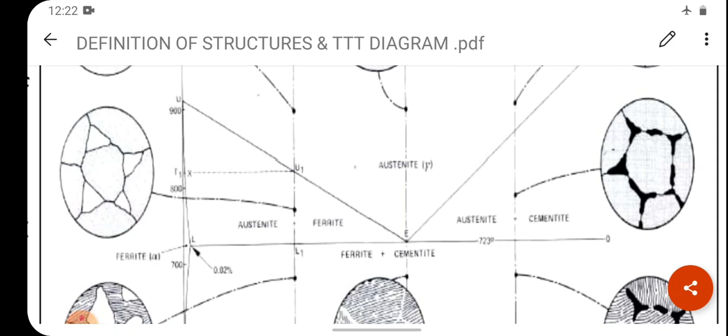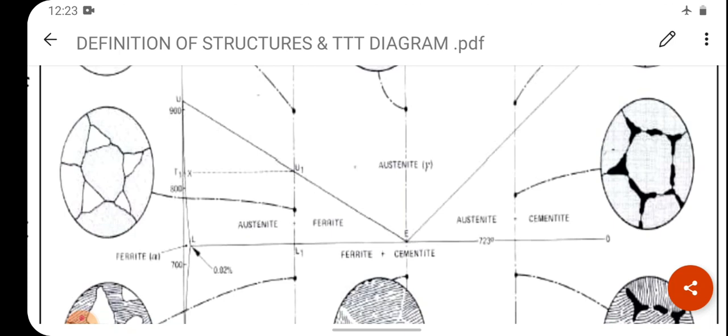The diagram will vary because here transformation is occurring, that is austenite and ferrite, in the first, or left hand, microstructure diagram. And see the extreme right, which is visible to you. Here austenite and cementite at 1.2% of carbon. Cementite will be dark, so I have shown it with dark color here.